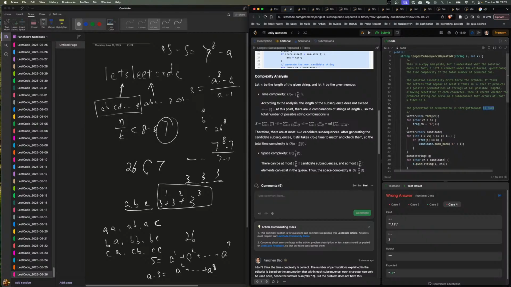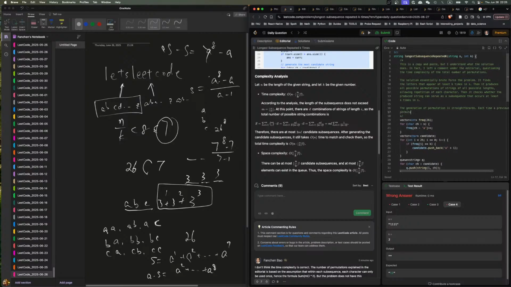Each time a previous permutation is good, we use that as the base to produce the next round by appending each candidate to the end.